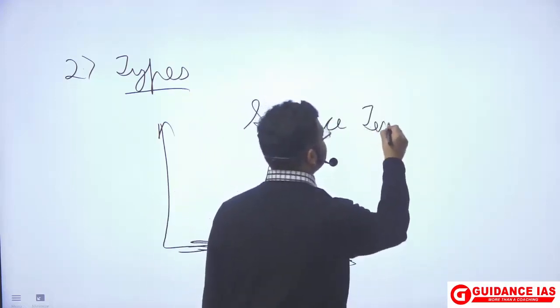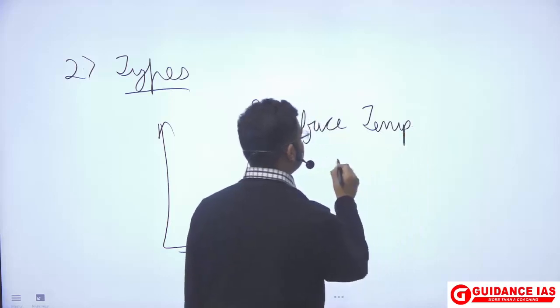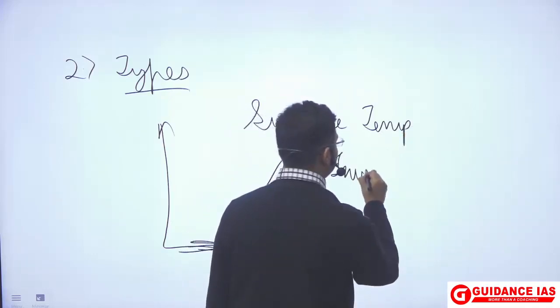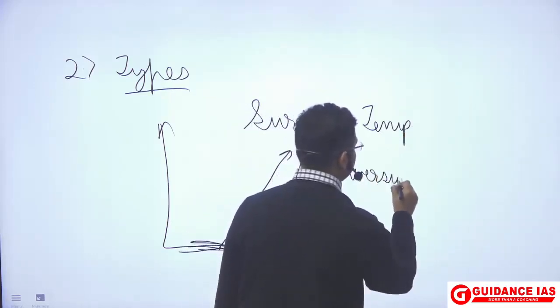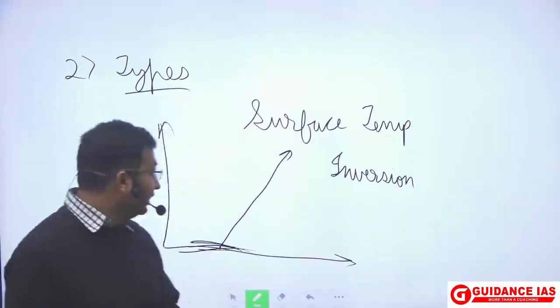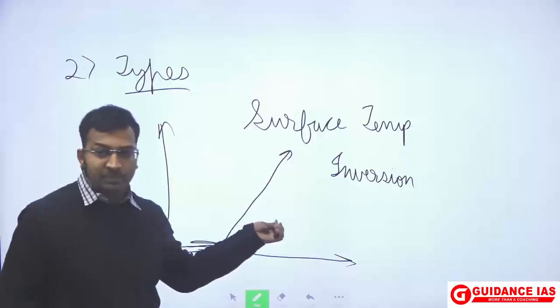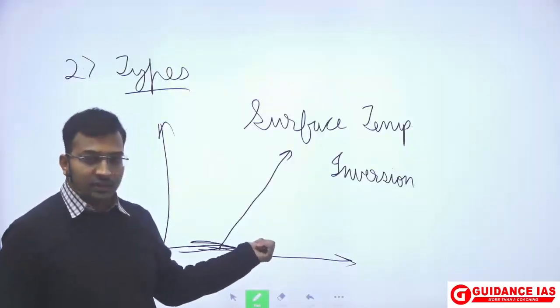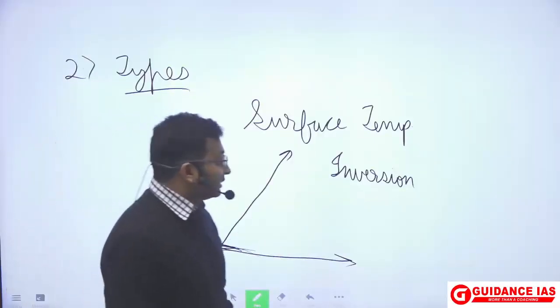Surface temperature inversion. Here, the temperature inversion begins right from the surface of the earth. Okay. The second type is the upper air inversion.